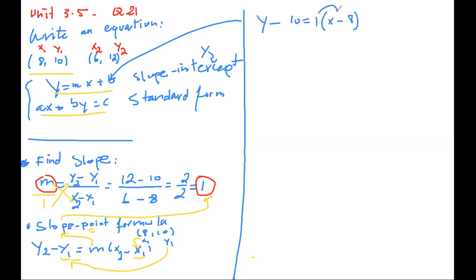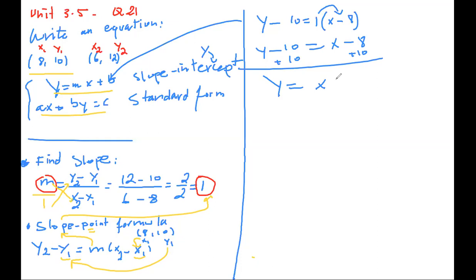So let's distribute this. It will be y minus 10 equals 1x, or x, minus 8. Then cancel this simply by adding 10 to both sides. Add the number to the number, and you end up with y equals x and negative 8 plus 10.